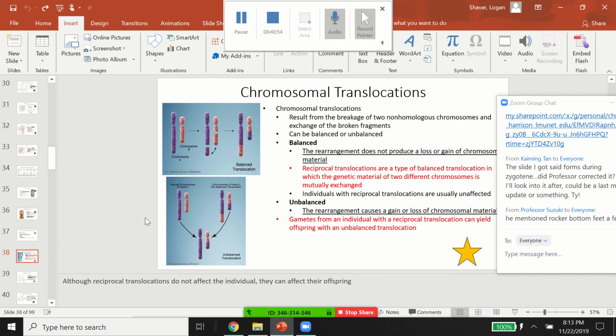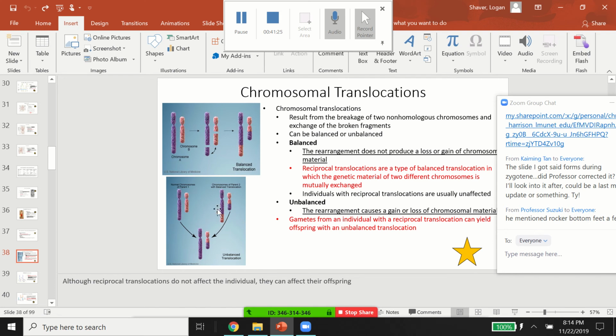Now with unbalanced, if you notice from this example, take this bit that you had up here with balanced translocation, and you basically put these bits together. Say you take this purple one here, and you take this mixed hybrid one here on the right, and put them together. That would be an unbalanced translocation because you've lost that bit of pink right here. Notice it's no longer there because it's back on this piece here.